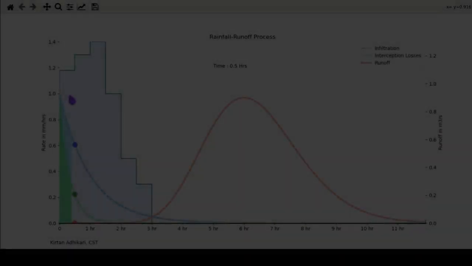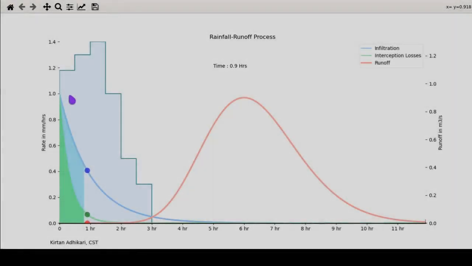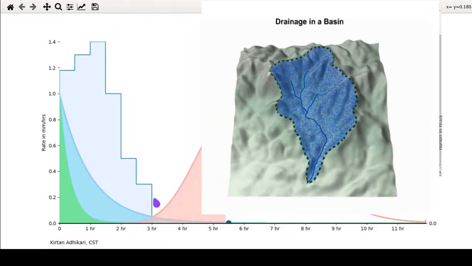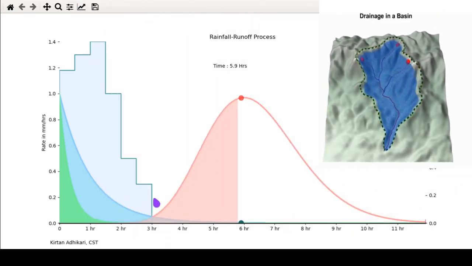As you can observe that in the beginning of a storm, the infiltration rate and the initial loss rate is significant. At this time, the runoff is negligible. With the progress of time, the infiltration decreases following a decay curve. Similarly, the initial losses too decrease. The initial loss decrease swiftly compared to the infiltration. Gradually, runoff starts to build up at the basin outlet.